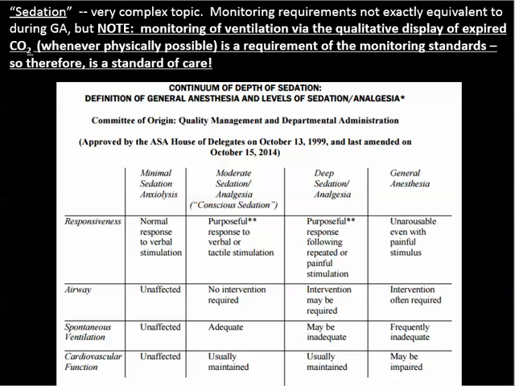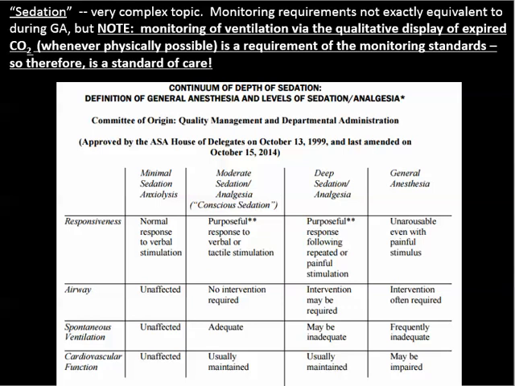Again, sedation is complex, monitoring requirements are not the same as during general anesthesia, but do note that the ideas I emphasized earlier about the monitoring of ventilation via the qualitative display of expired carbon dioxide whenever it's physically possible is a requirement of the monitoring standards and is therefore a standard of care.